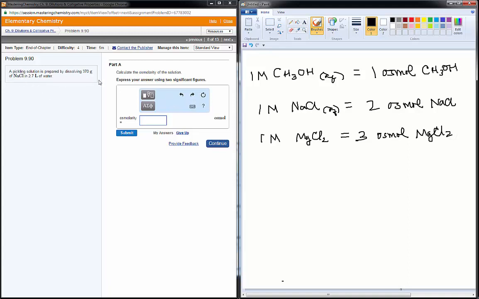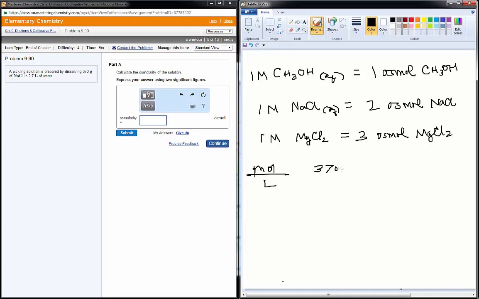So here, I just need to calculate molarity and then recognize that sodium chloride has 2 ions, so multiply it by 2. And molarity, as you know, is moles per liter. So in order to get molarity, I just need to convert grams to moles, divide it by liters, and I'll have molarity.